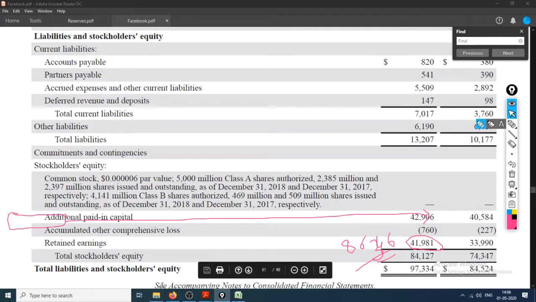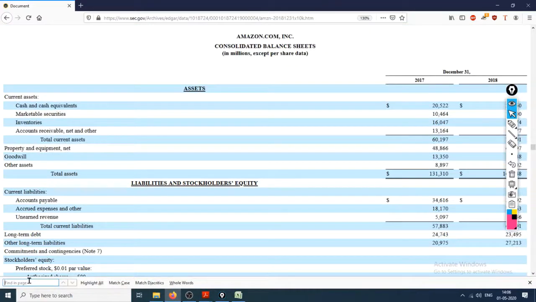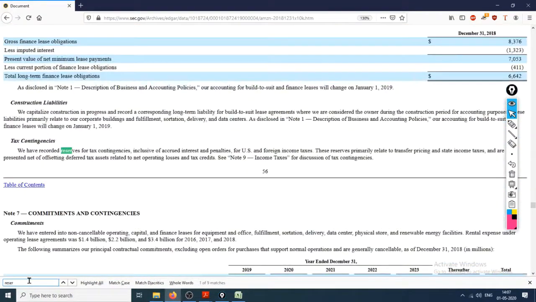Coming back here to Amazon, let's try to search for the word reserves and see what Amazon has. Okay, tax contingencies. We have recorded reserve for tax contingencies inclusive of accrued interest and penalties for US government and foreign income taxes. So they have created reserve for penalties of tax.